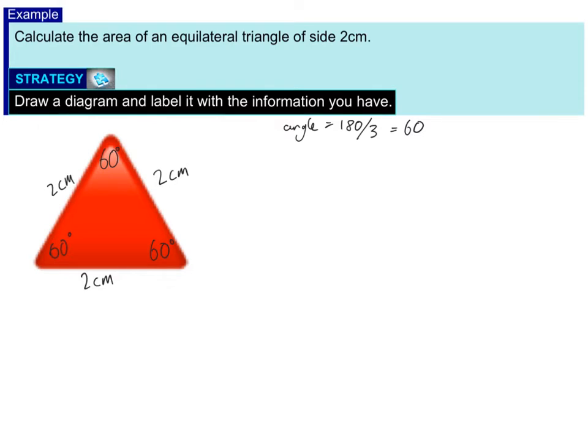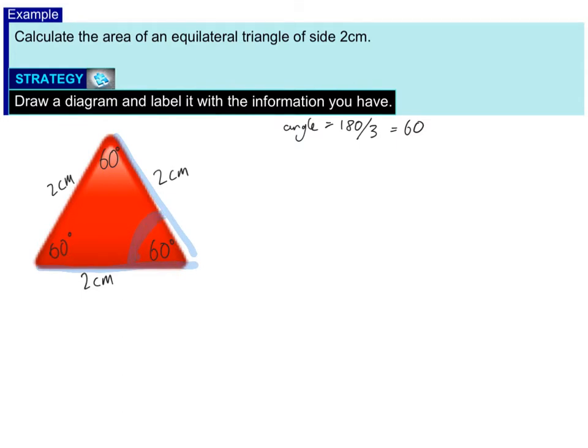Now, we could, if we want, try splitting this down the middle, finding the height by using a little bit of right angle trigonometry, but we don't need to. We've got this new rule, and we've got two sides forming a V and a contained angle.